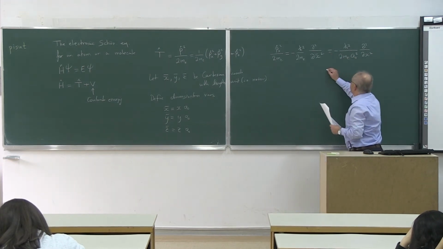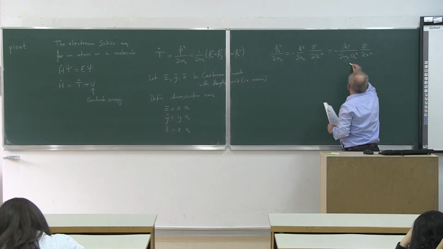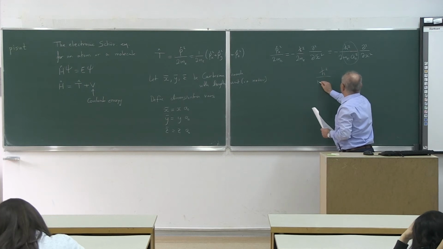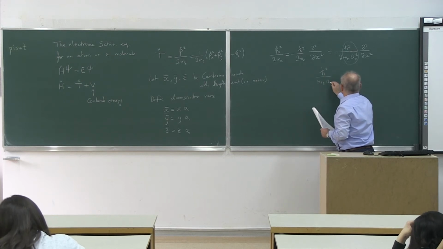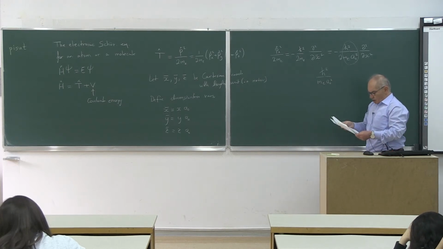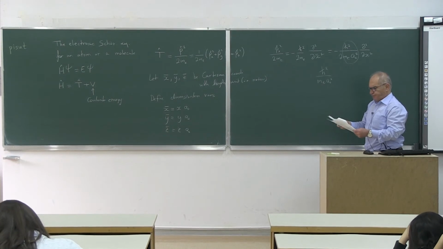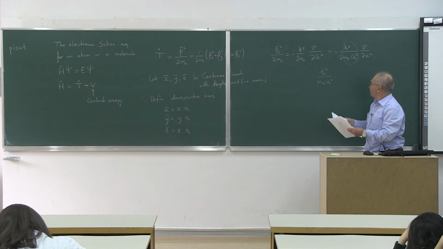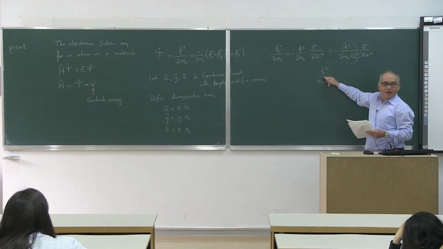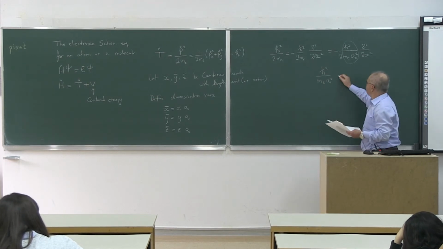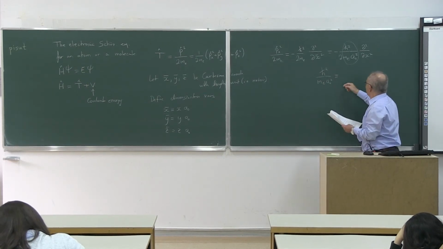In fact, the quantity h bar squared divided by mass of electron times A0 square. Numerical value of this expression is the same as, this is Hartree.